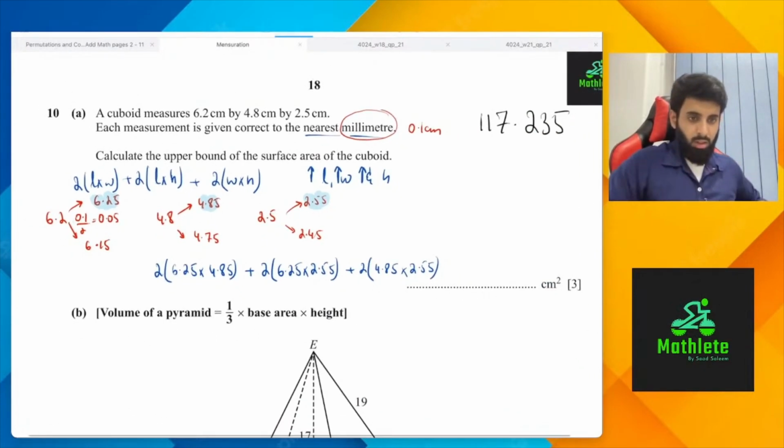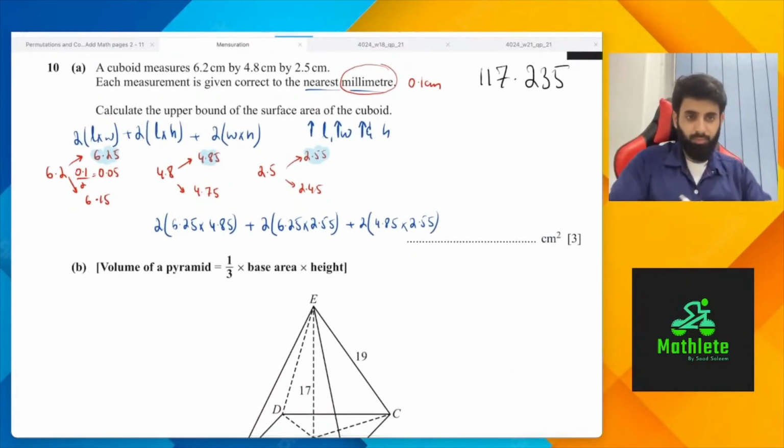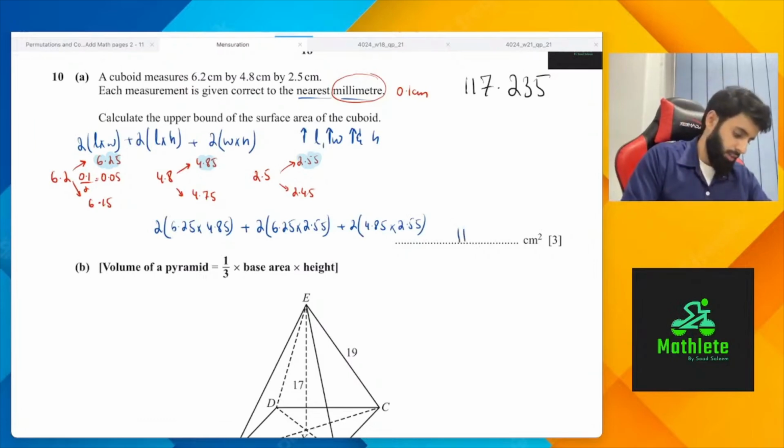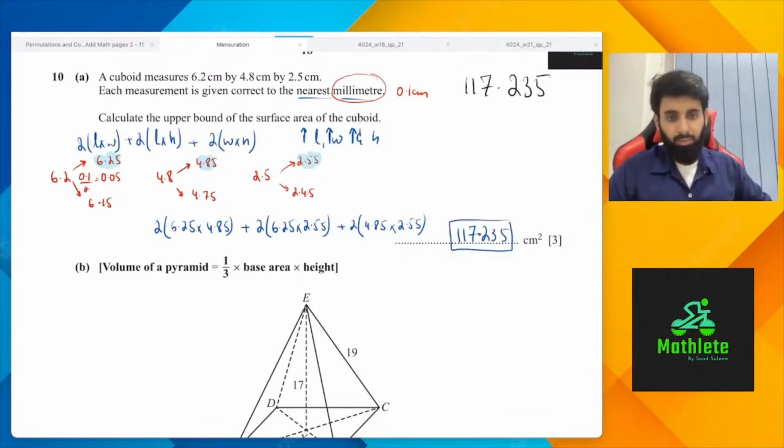So that is 6.25 into 4.85 times 2, plus 2 into 6.25 times 2.55, bracket close, plus 2 into 4.85 times 2.55. Okay, so we're looking at 117.235. Now, since this answer is exact, you can see why we haven't rounded this off.